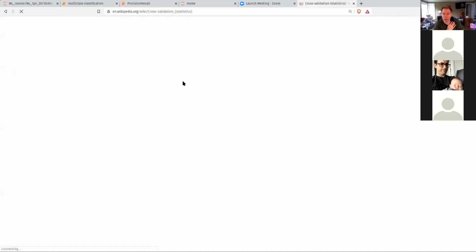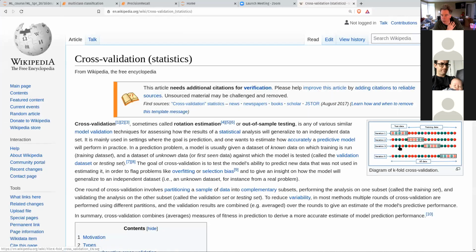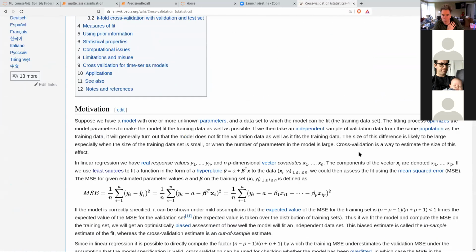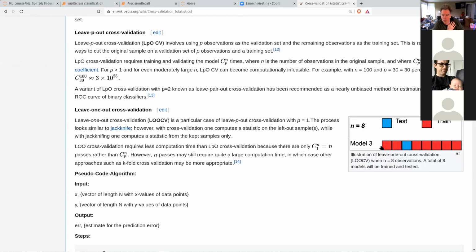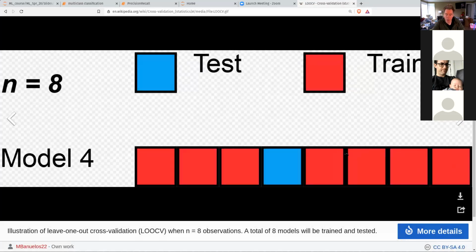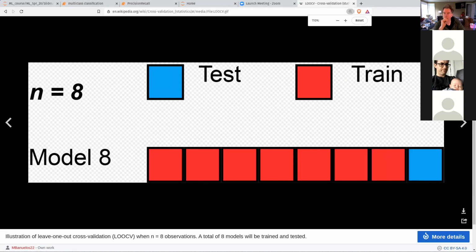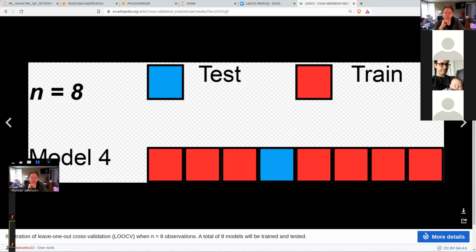And they have this nice graphic here. Oh, here it is. Whoops, it's too big. Can you guys see that well? Yeah, so we good. So this is n-fold cross validation where n is equal to 8.